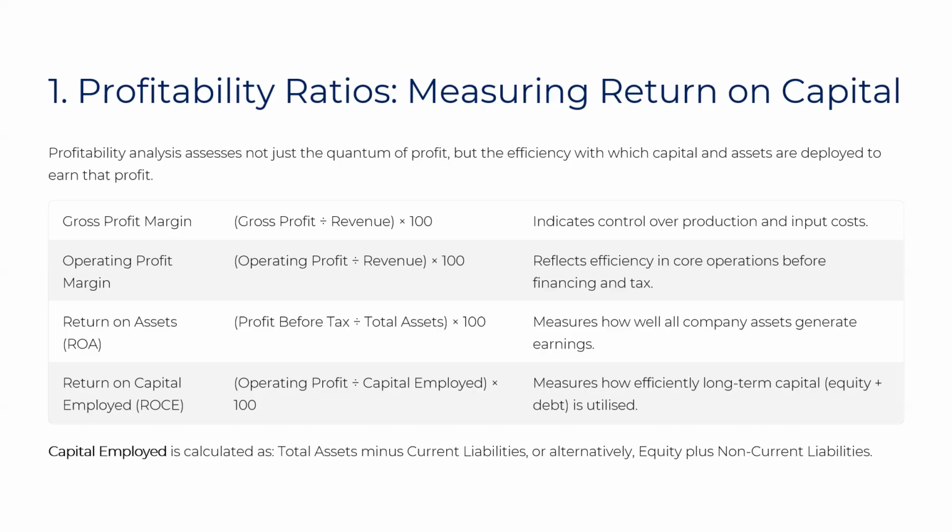Then non-current liability is long-term debt. So that is how you calculate your capital employed. Return on capital employed measures how efficiently long-term capital is utilized. So your long-term capital is your equity and your long-term debt.